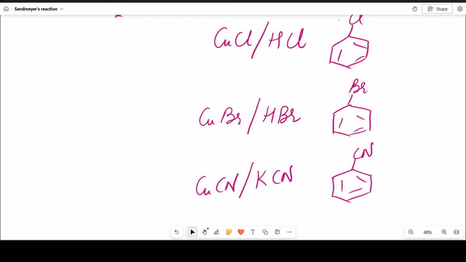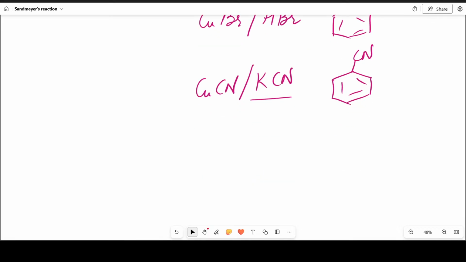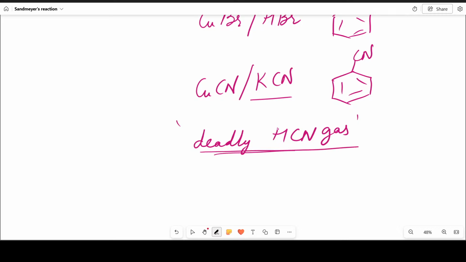Here, why are we using KCN? That's the question. Do you know the answer? We are using KCN instead of HCN because it avoids the production of deadly HCN gas. This is avoided when we use KCN instead of HCN.